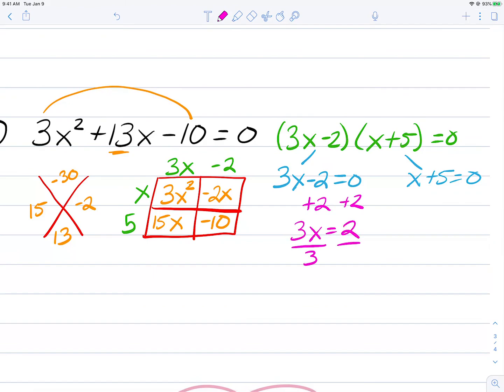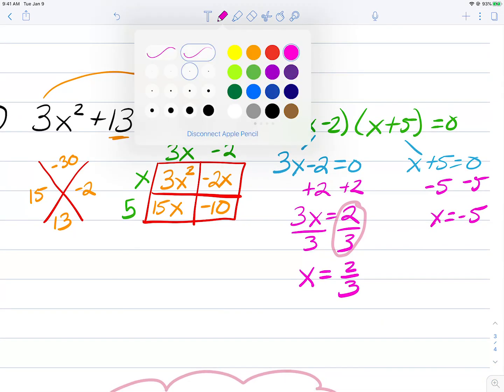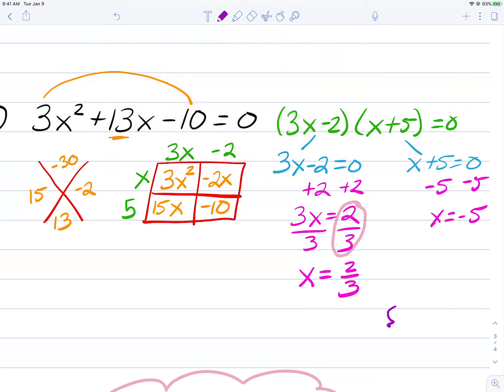I'm going to divide both sides by 3. And remember, if you show your work, your fractional answer shows up. So our answer for this one is 2/3. For the other one, if I subtract 5 from both sides, I get negative 5, a normal integer. So that means that my two possible answers are negative 5 and 2/3.